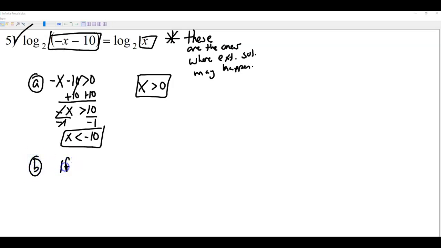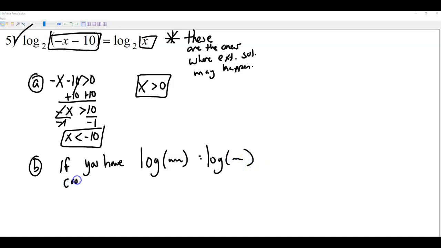So if you ever have log of blah blah equal to log of blah blah, what you could do is you could just cross off the logs. Okay, what do I mean by that? Well, anytime you have an equation, you have the same thing on both sides, you could just take it off and the equation stays balanced.